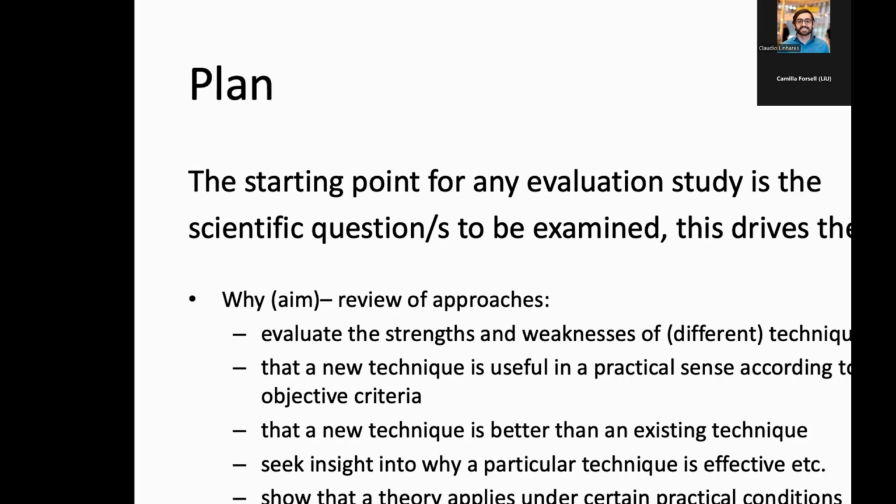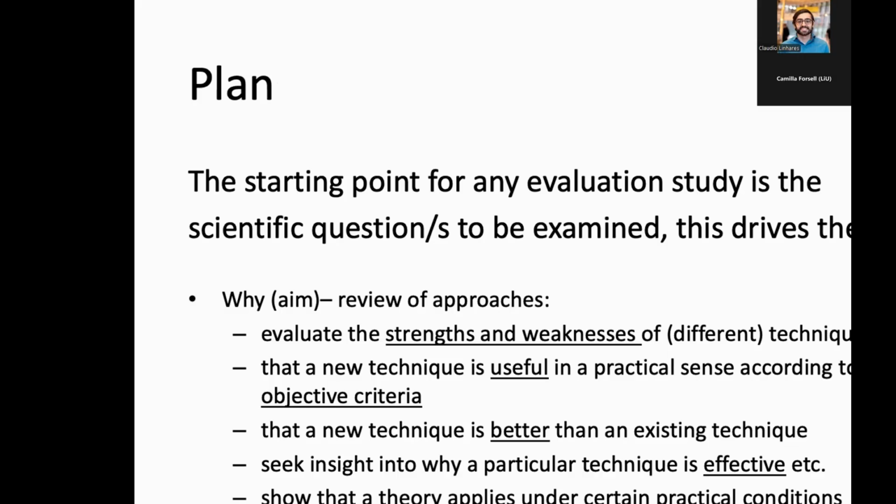Now, I mean, 22 years has passed, right? So they don't really cite recent publications, but the general ideas are still helpful. So I recommend that you look into that one. Different aims here. I don't need to read them all, but we have already touched upon some of them, right? And now I have underlined some of the words. And why do you think that I have done that?